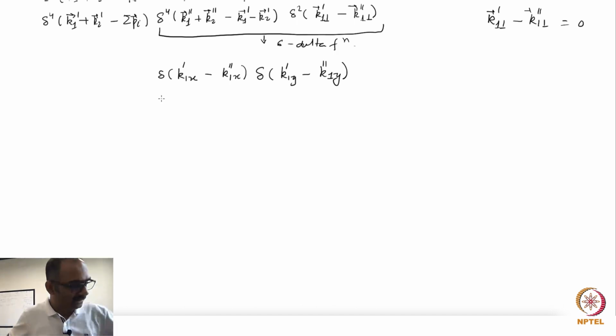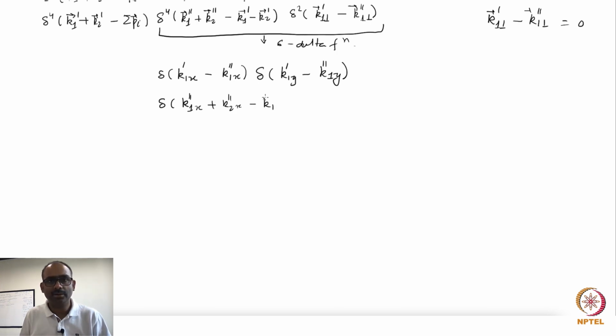I will just write down from my notebook, so that I don't have to use my brain and type it out. So, delta k1 double prime x plus k2 double prime x minus k1 prime x minus k2 prime x.